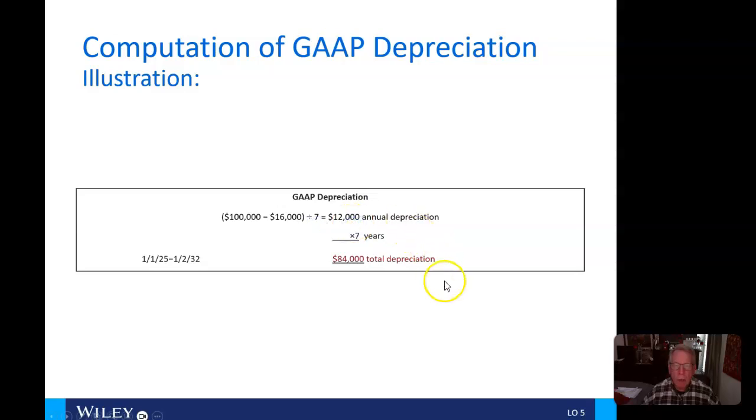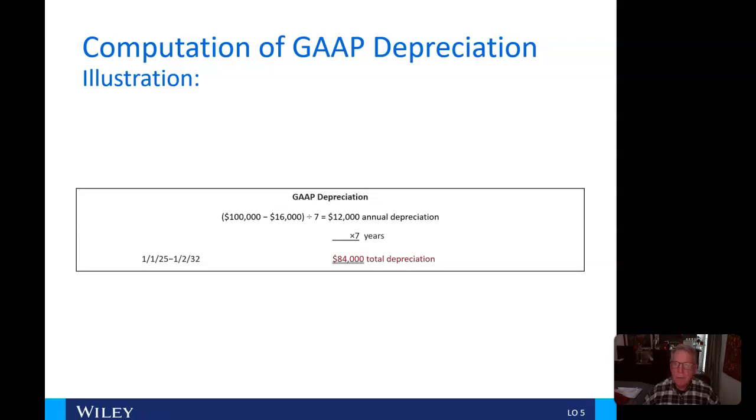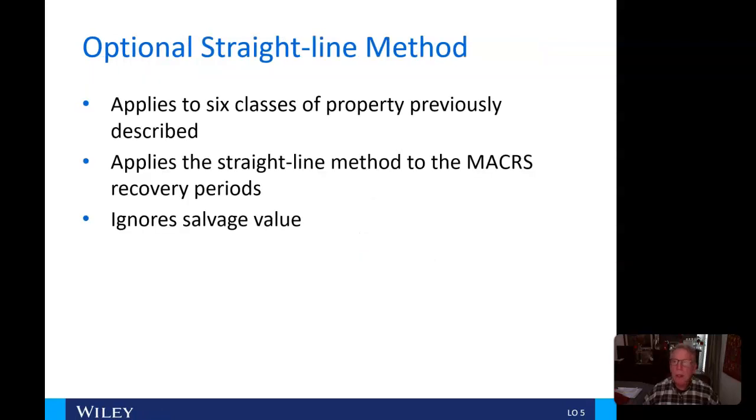That's $12,000 per year. 7 years, $84,000, compared with $100,000 taken through 2030, a little earlier. Okay, interesting. So the optional straight line method applies to the 6 classes of property that we previously described, and it applies the straight line method to the MACRS recovery periods, and it ignores salvage value.